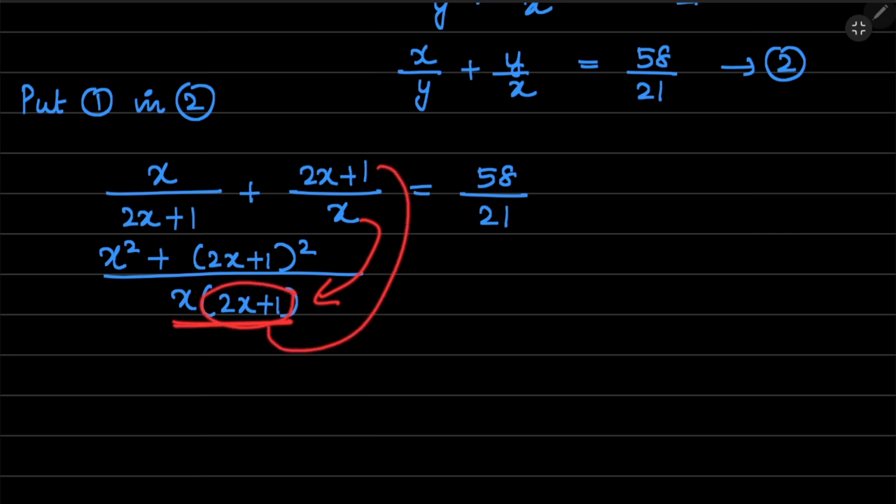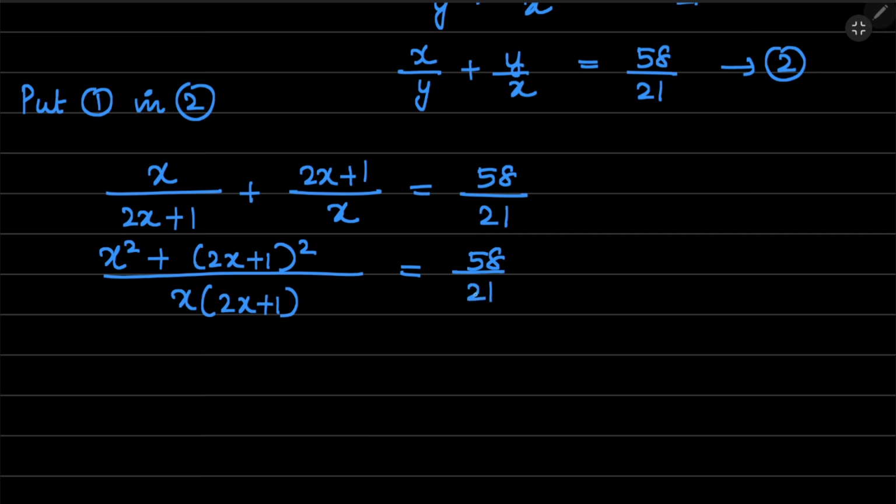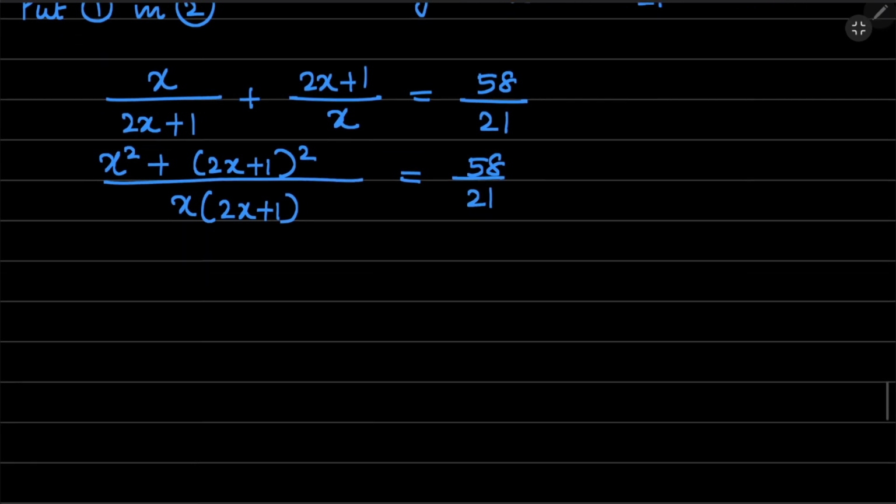So 2x plus 1 multiplied by 2x plus 1 is 2x plus 1 the whole square, equal to 58 by 21. Now what we can do? We can directly cross multiply. So 21 multiplied by, first one is x square, you can just put a bracket, x square.